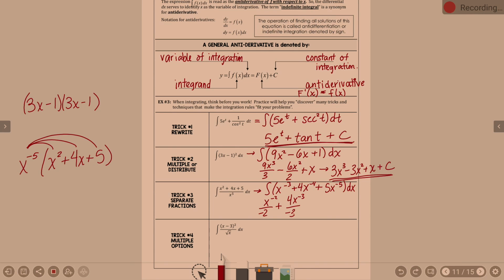Is this better than guess and check? You have a set way to do this now? Plus 5x to the negative 4th over negative 4. Plus c, although I'm going to clean mine up before, and I'll put the plus c on the end.